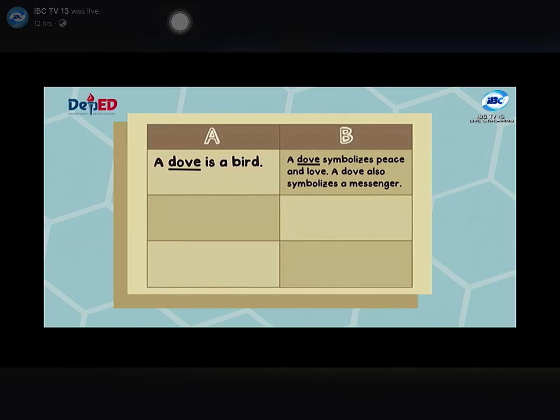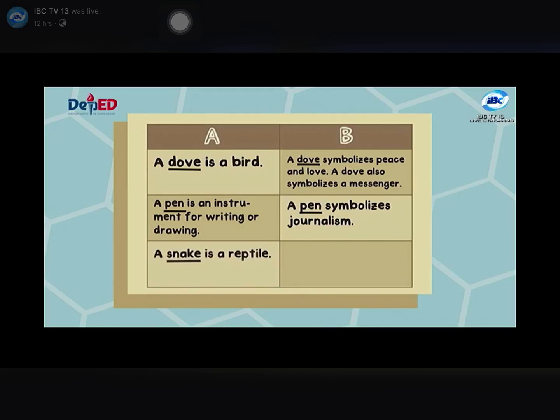Sentence for column A. A pen is an instrument for writing or drawing. Sentence for column B. A pen symbolizes journalism. Sentence for column A. A snake is a reptile. Sentence for column B. A snake symbolizes being a traitor.